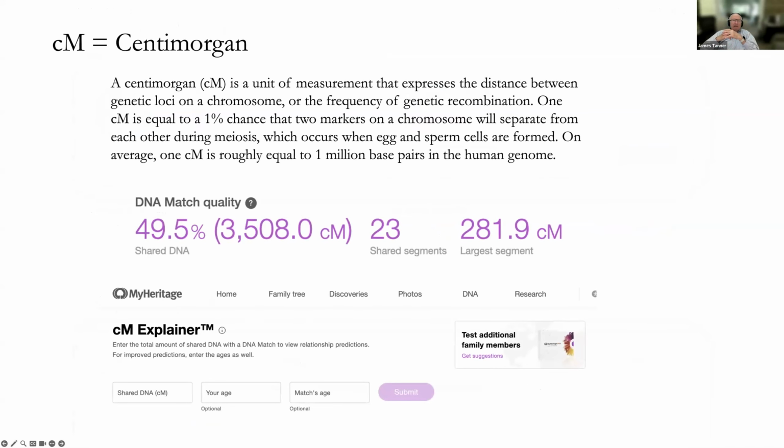So here's the real, complete explanation of the centimorgan. It's a unit of measurement that expresses distance on chromosomes.